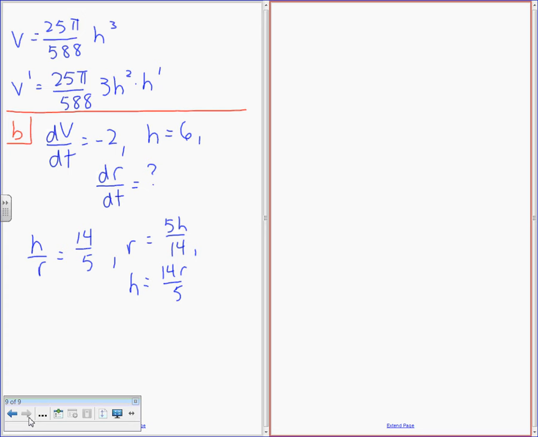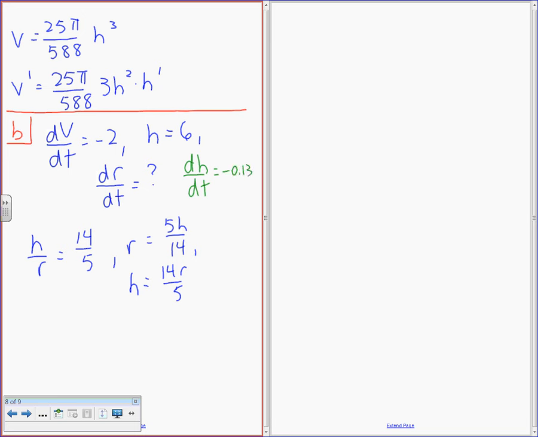So there's the easy way and the difficult way to do this. We're looking for dr by dt. The neat thing is, because our height's the same and everything else is the same, I can also say from above that dh by dt is negative 0.1386.